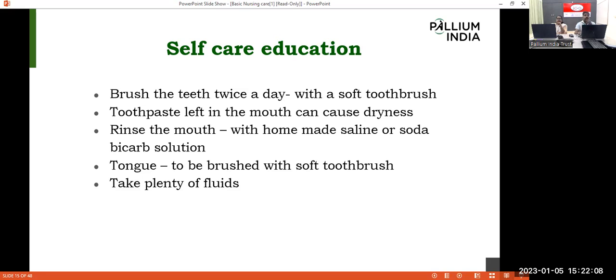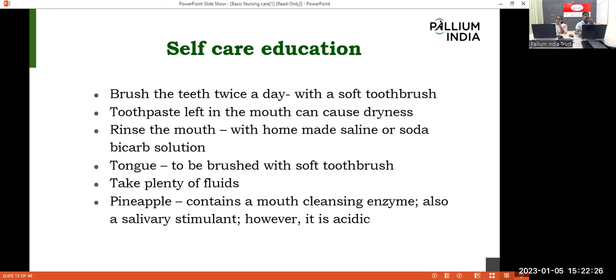Then plenty of fluid they need to take, if it is possible for the patient, because in a dehydrated case it will increase the dryness of the mouth. So for rehydration or maintaining the fluid balance in our body, if the patient is able, take plenty of fluids. Then pineapple contains an enzyme, it will give a cleansing effect to the mouth also.